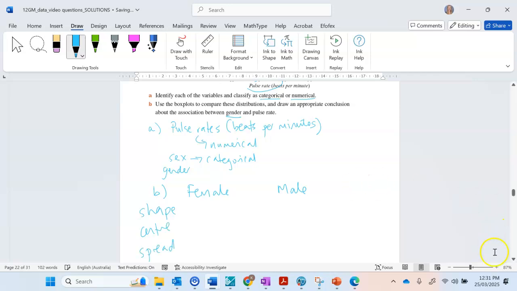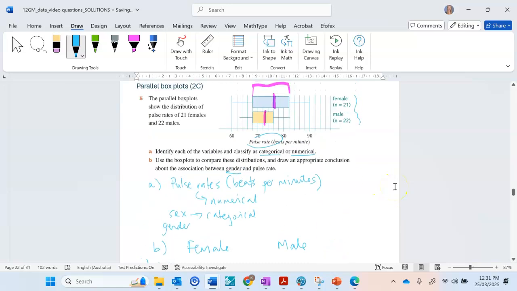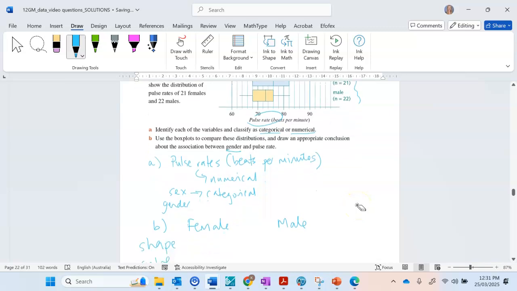The shape is whether it's symmetrical or skewed. Let's just get rid of all this because it's a bit easier to see. Female looks approximately symmetric, and I would say for male it is approximately symmetric. The median is just a little bit to the side, but I would say it is approximately symmetrical. We'll do that for both.